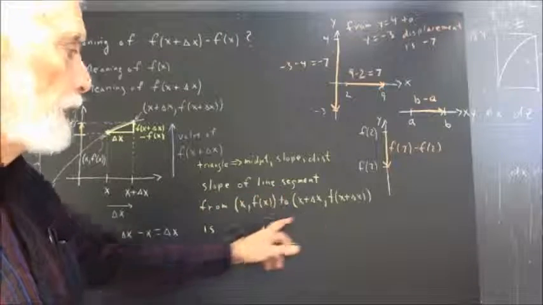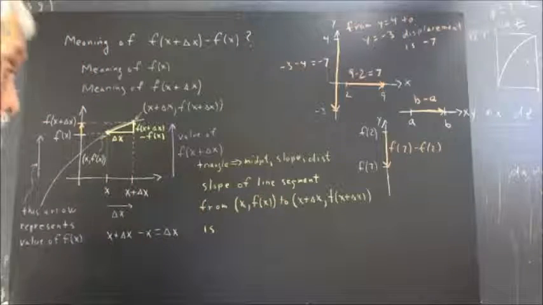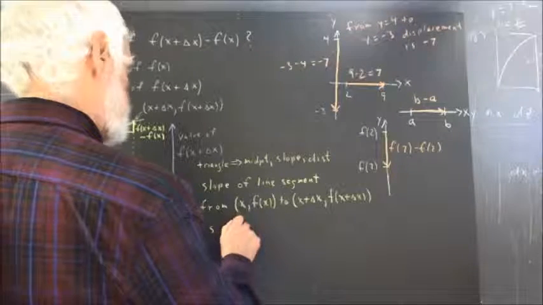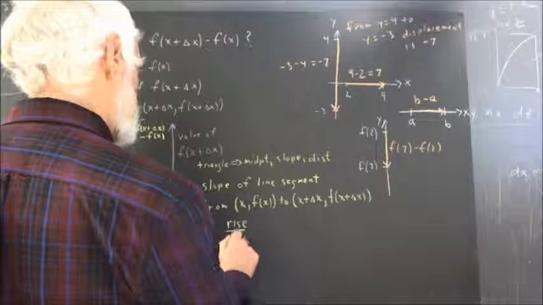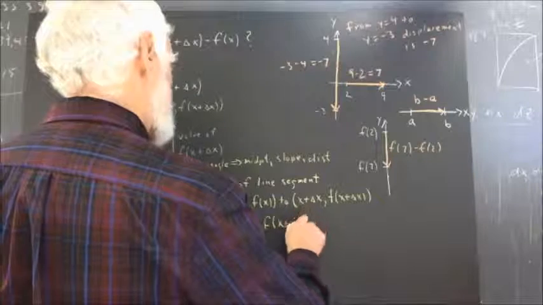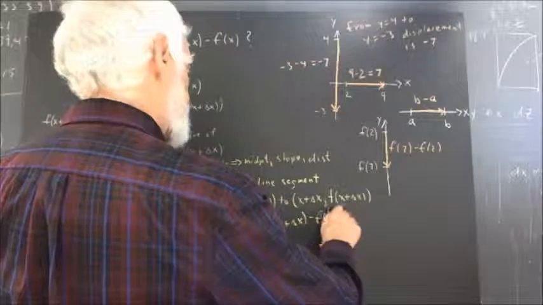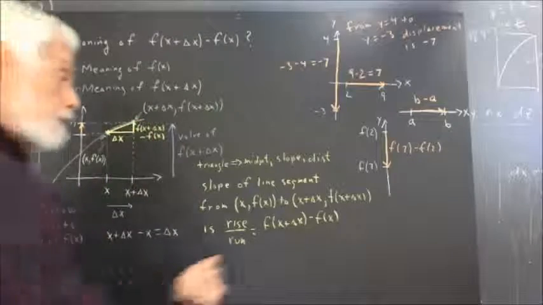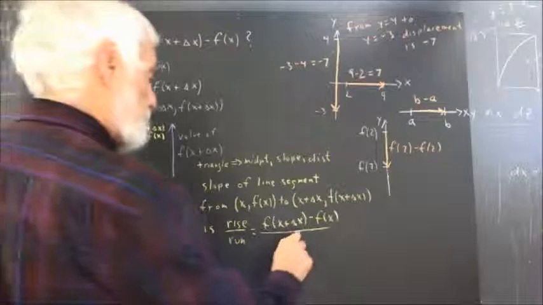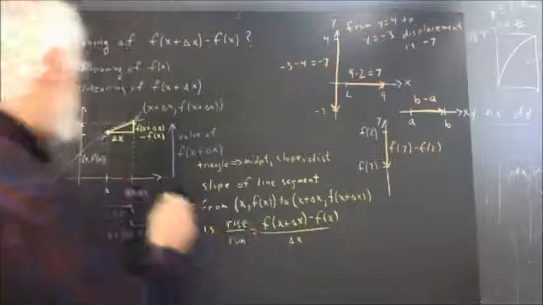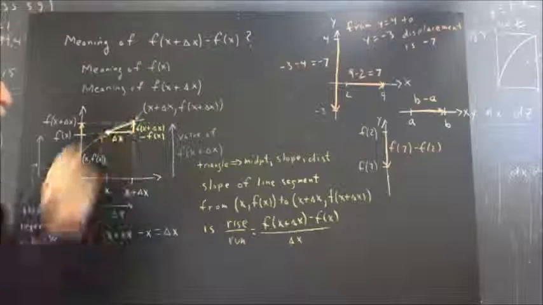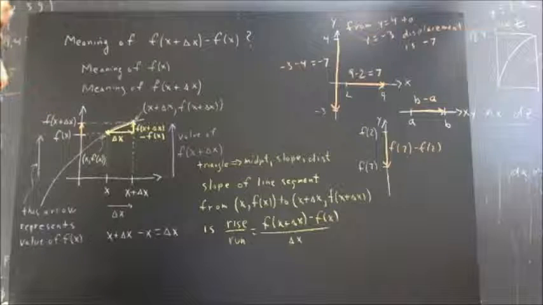So the slope of the line segment between these points is what? It's rise over run, which is f of x plus delta x minus f of x, because that is your rise, divided by the run, which is just delta x. Okay, so if we go from here to here, and here to here, our run is delta x, our rise is f of x plus delta x minus f of x.